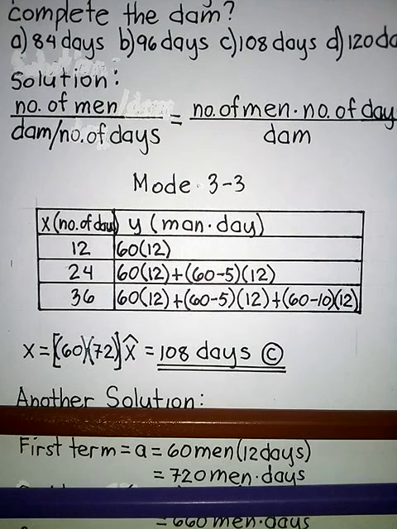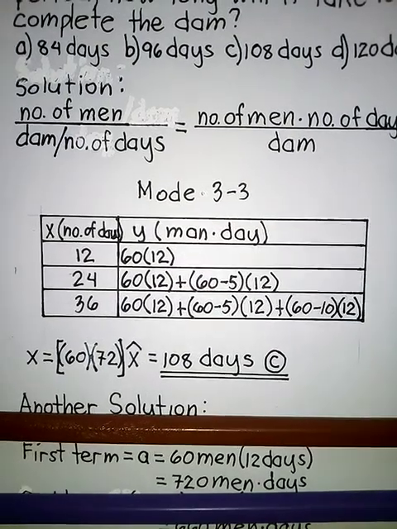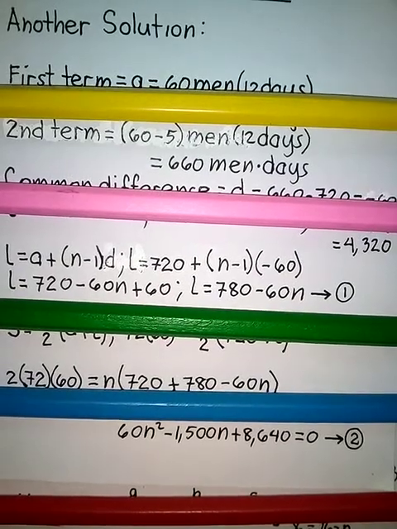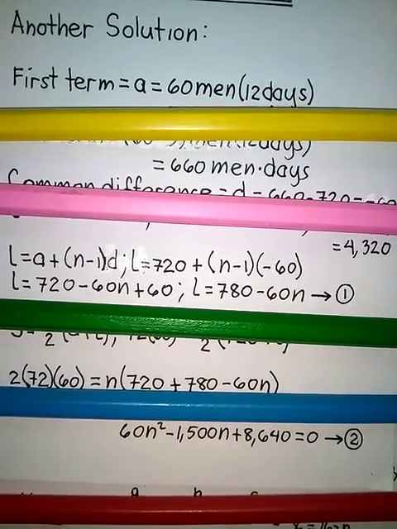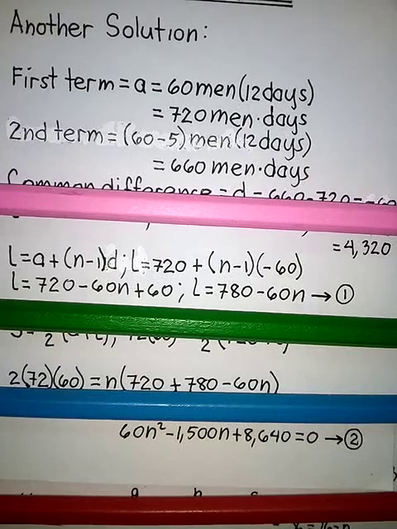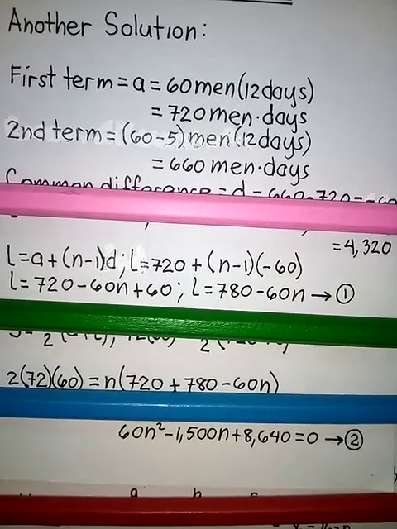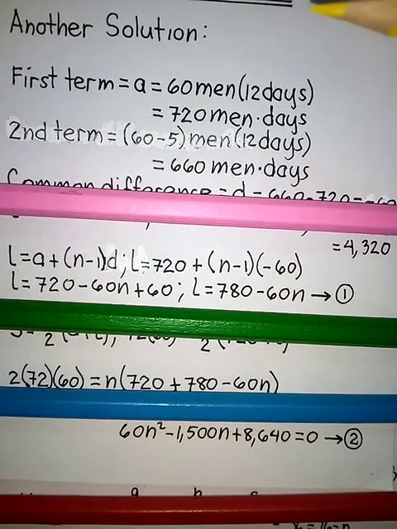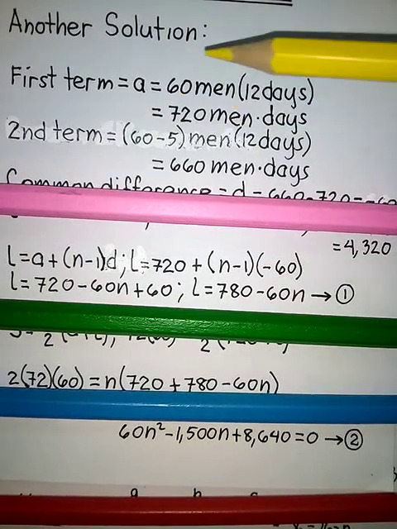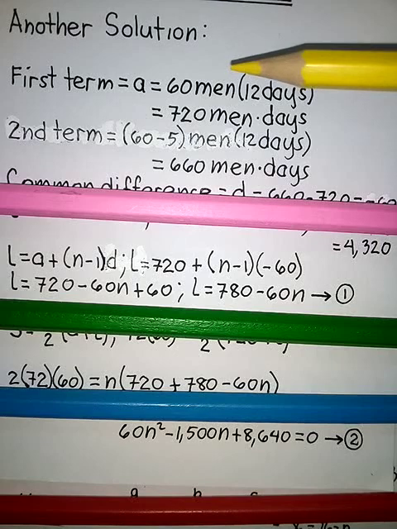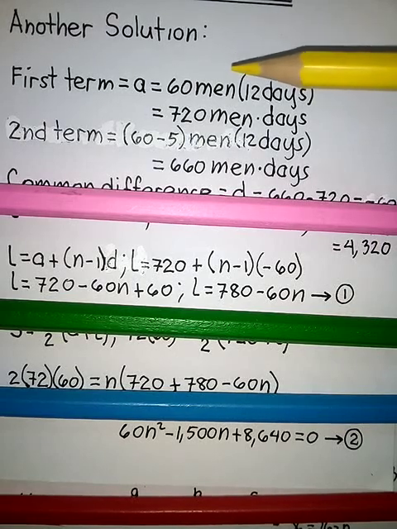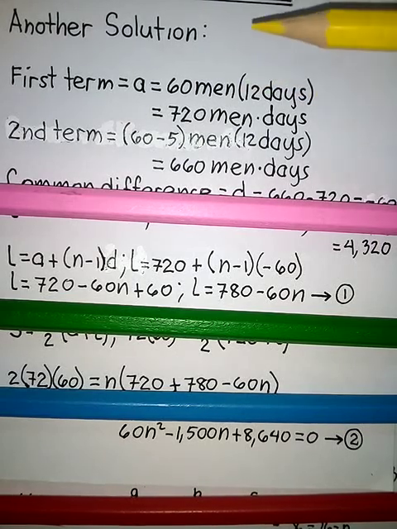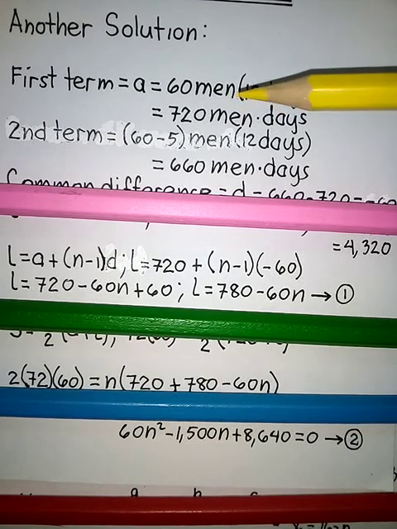On the other hand, we also have another solution, the conventional solution. This time we will use arithmetic progression. In arithmetic progression, we have the first term A. Our first term will be 60 men multiplied by 12 days, or 720 men-days.